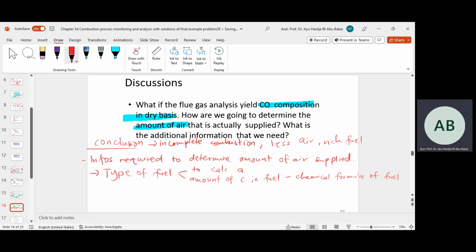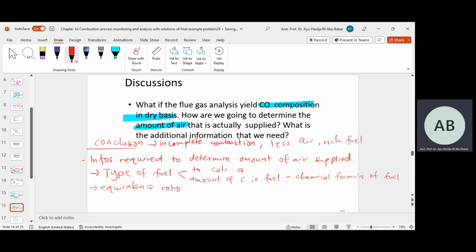Equivalence ratio. Equivalence ratio also can. What info do you get from equivalence ratio?